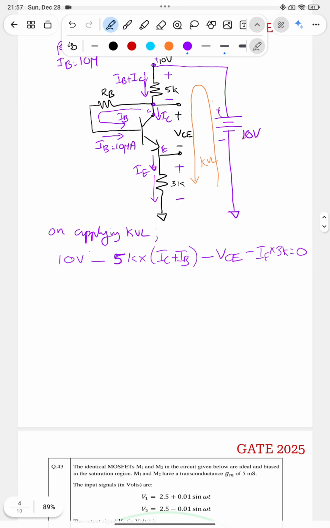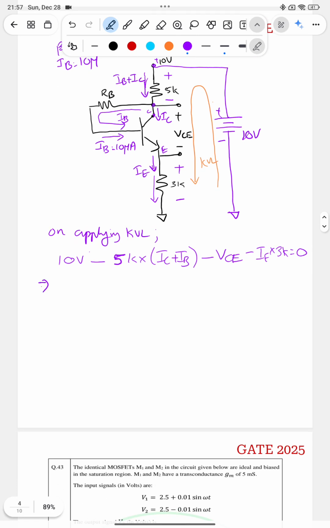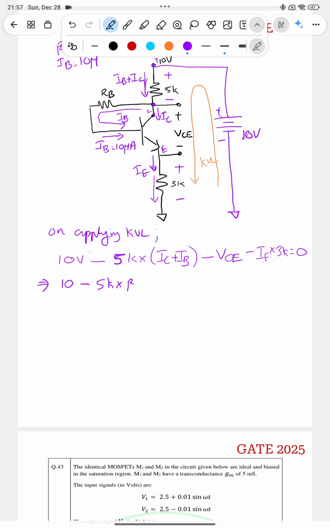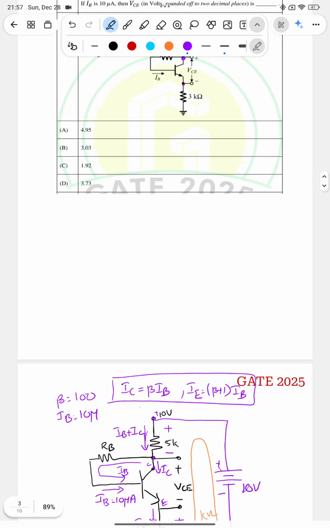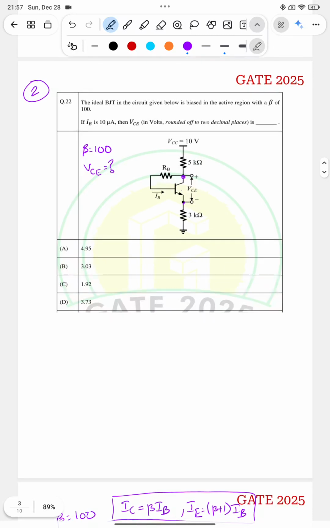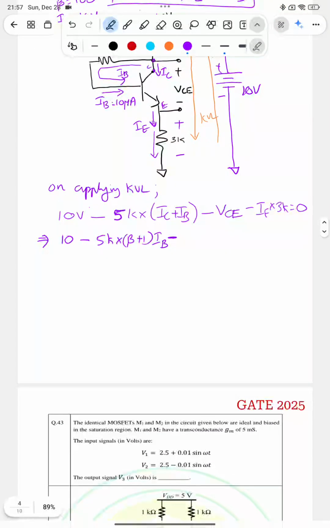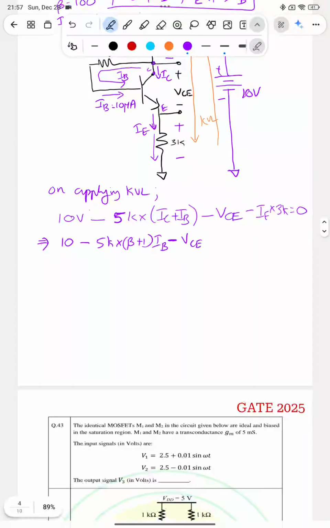Substituting this, it will be 10 minus 5k into IC, which is beta IB. I can take IB outside, so beta plus 1 into IB, minus VCE, which we have to find, minus IE, which is beta plus 1 IB, into 3k, equal to 0.